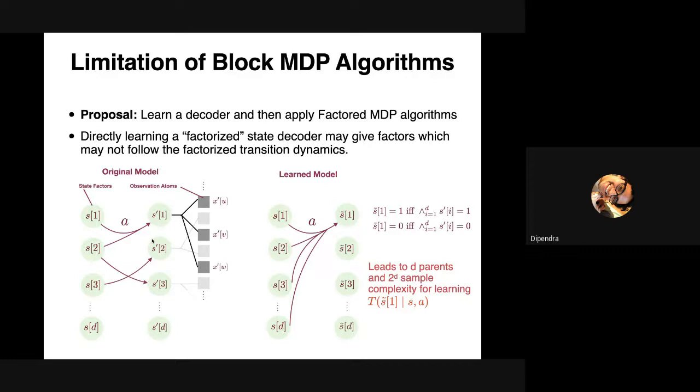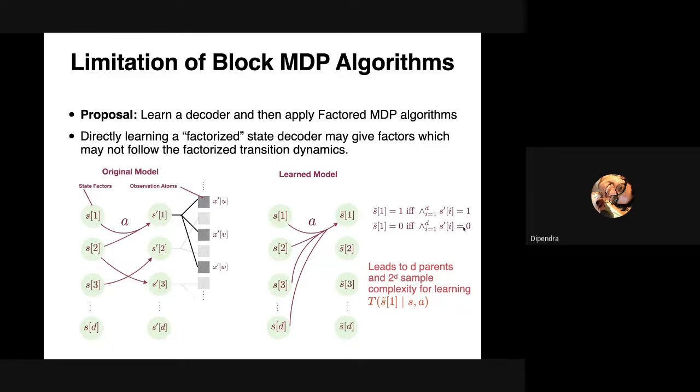The problem with this naive approach is that you may recover factors, but those factors may no longer respect the transition property of the factored MDP. For example, in this figure, S prime is the goal state, but S tilde is the recovered state. We can recover an S tilde such that S tilde 1 is 1 if every S prime i is 1, and S tilde 1 is 0 if every S prime i is 0.